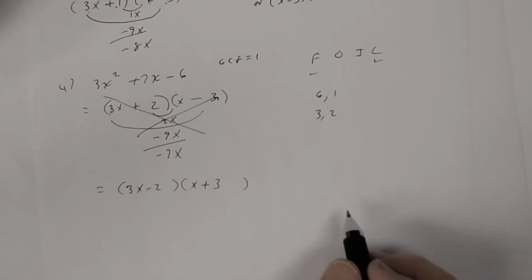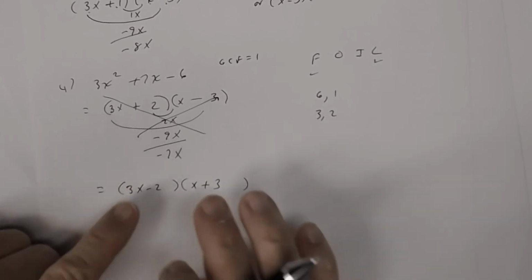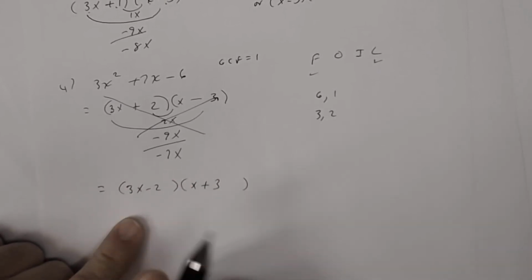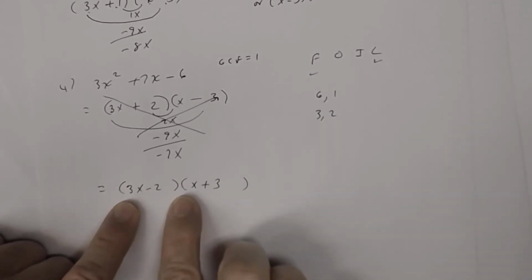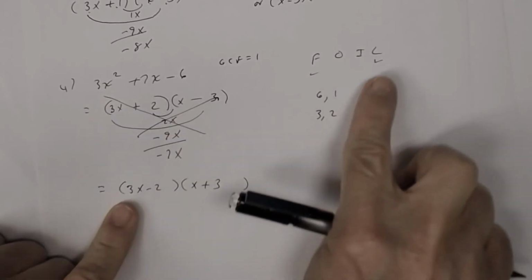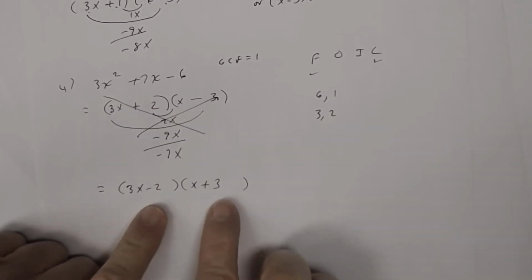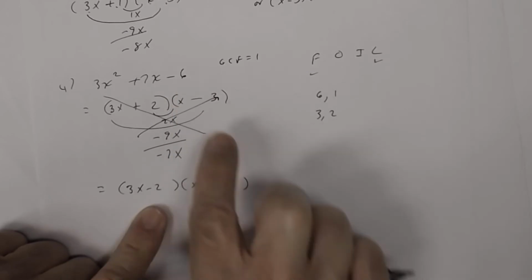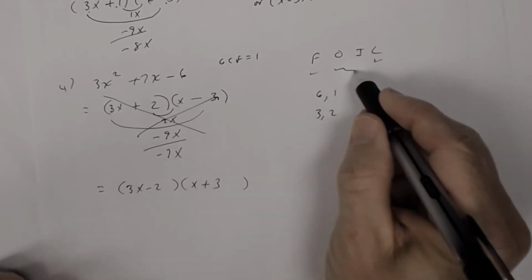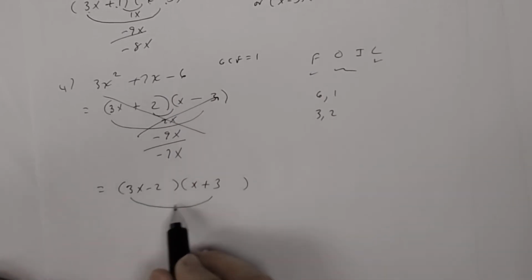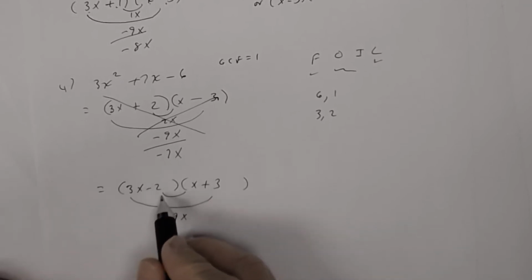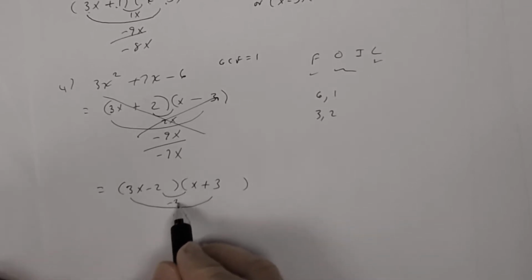Always, even though you know this is correct, check again. F: 3x times x is 3x squared. L: negative 2 times positive 3 is negative 6. Now the outer: 3x times 3 is 9x. The inner: negative 2 times x is negative 2x.